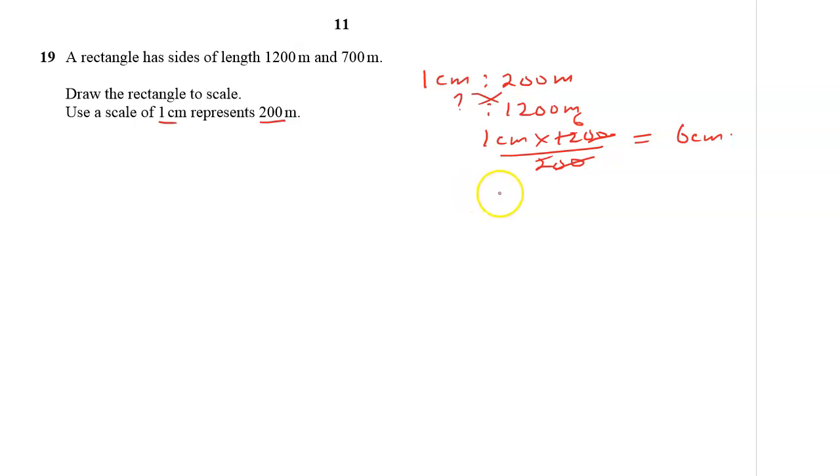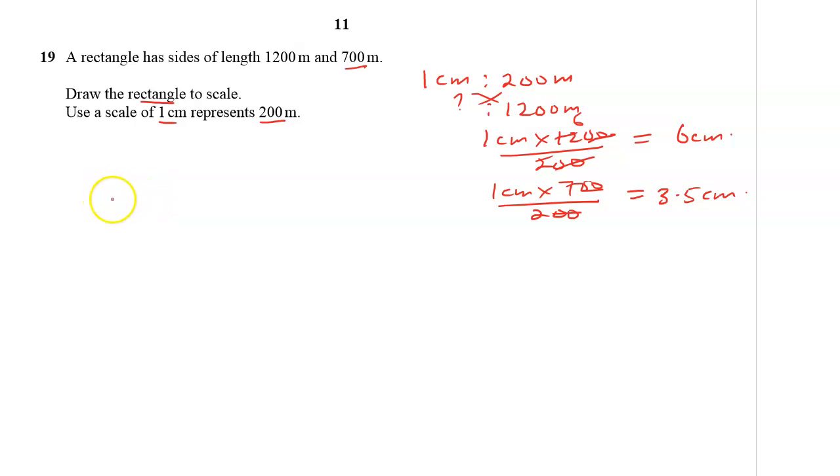You do the same for 700 meters. So 1 centimeter times 700 meters divided by 200 meters. Of course, this and this will cancel. Therefore, this will give us 3.5 centimeters. So draw a rectangle with the length of 6 centimeters.